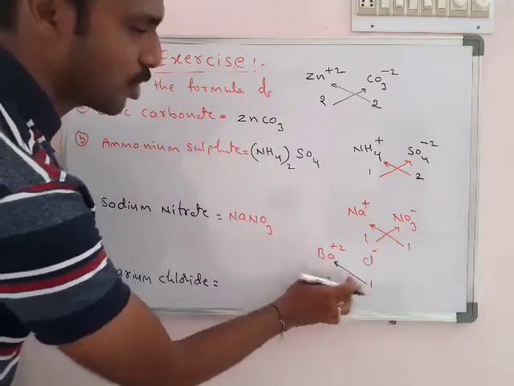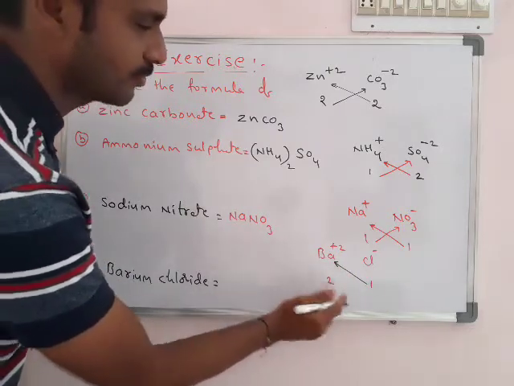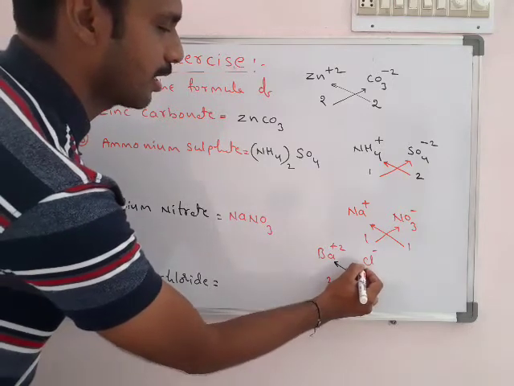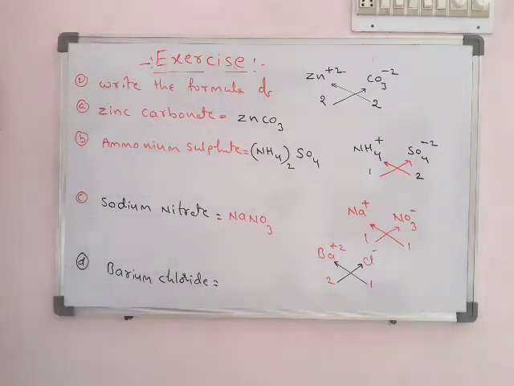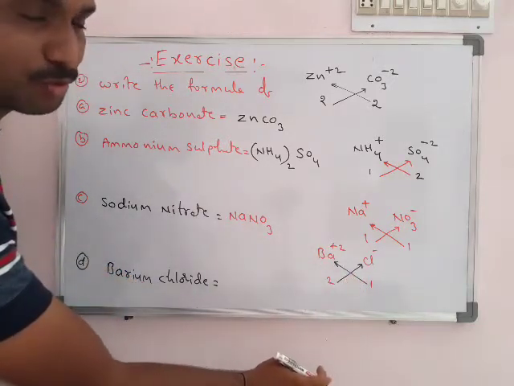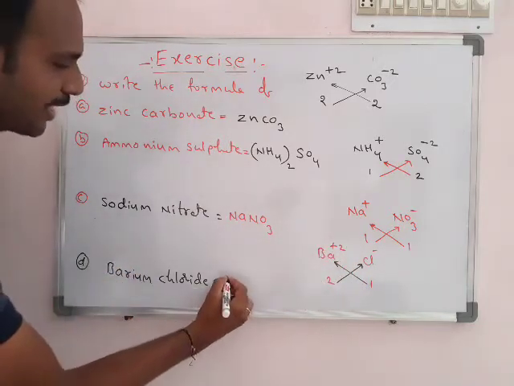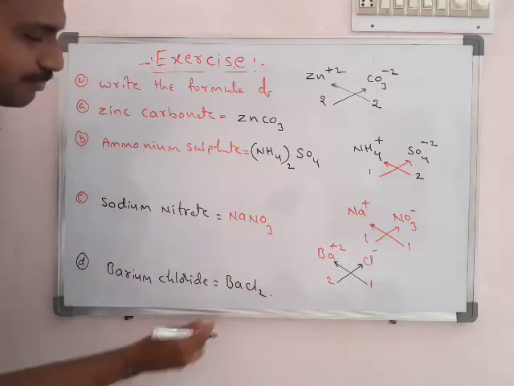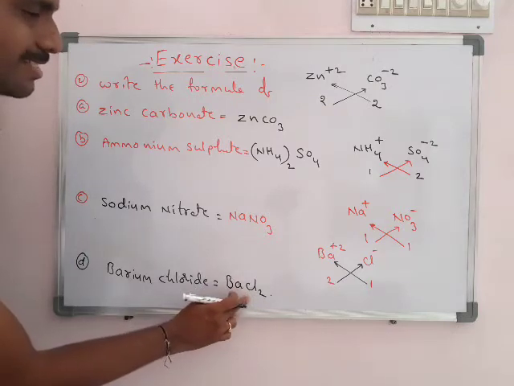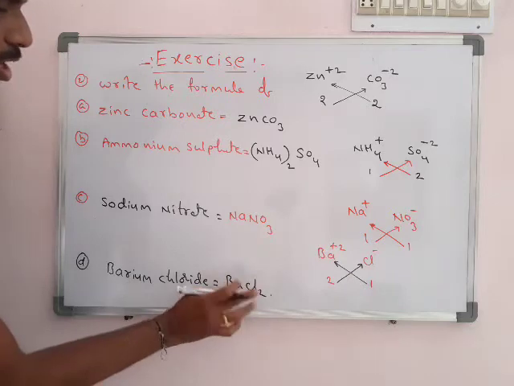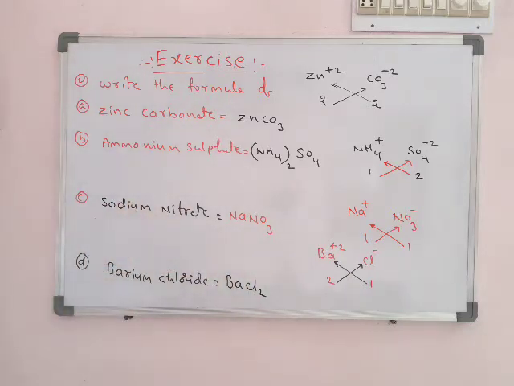We need to multiply the positive charge number with the negative ion. How many bariums? 1 barium. How many chlorines? We need to take 2 chlorines. That is BaCl2. 1 Ba is plus 2, and 2 Cl combined give minus 2. The charge is balanced. So this is one type of question.